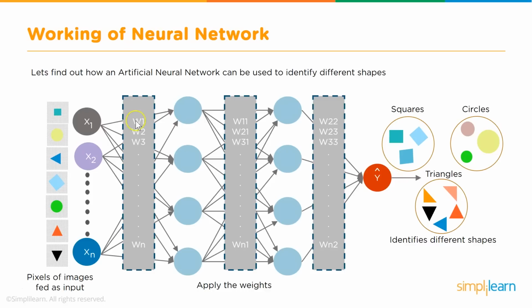And as you can see, there are weights and biases for each of these neurons in each layer, and all of them keep changing during the training process. And at the end of the training process, all these weights have a certain value, and that is a trained model, and those values will be fixed once the training is completed.